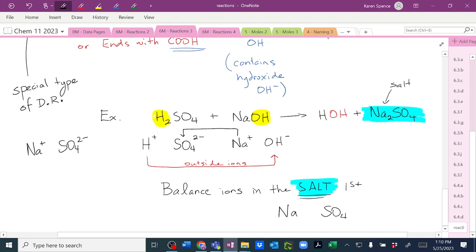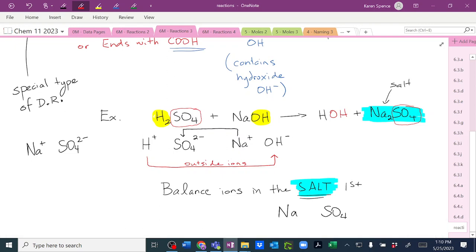Do we have a different number of SO4s on either side, or do we have the same number of SO4s? We have the same, because we got SO4 here and we have just one SO4 here. So that looks pretty good, yes? One SO4 on the left, one SO4 on the right.